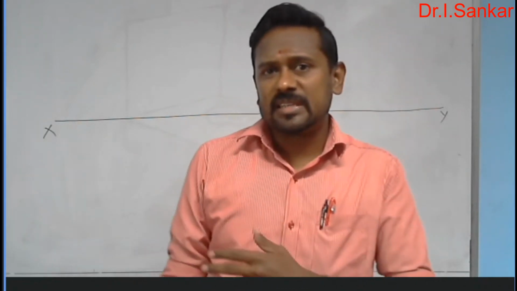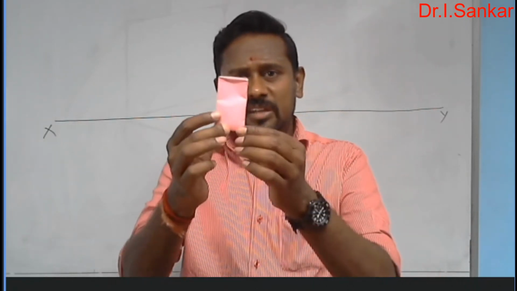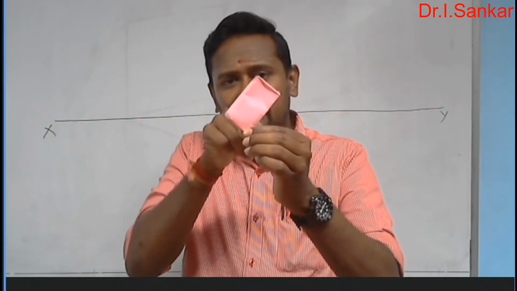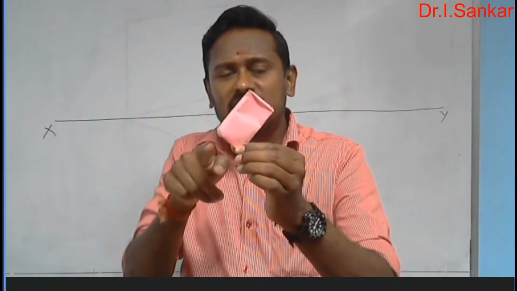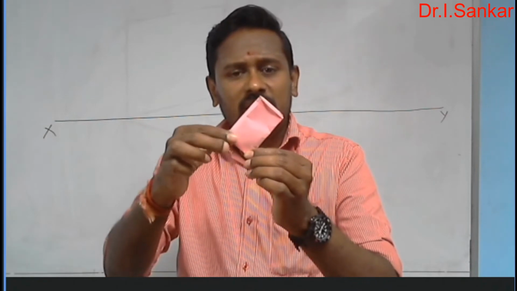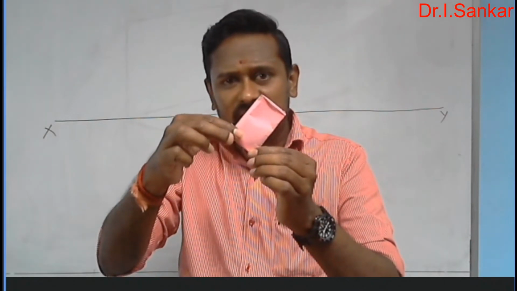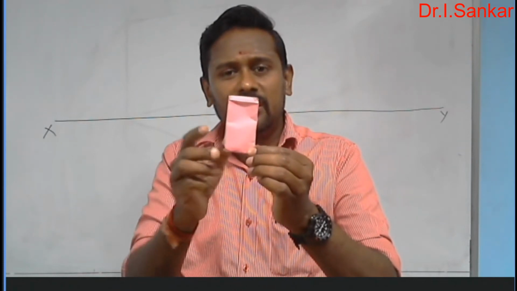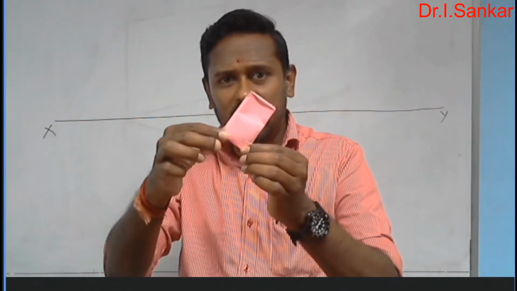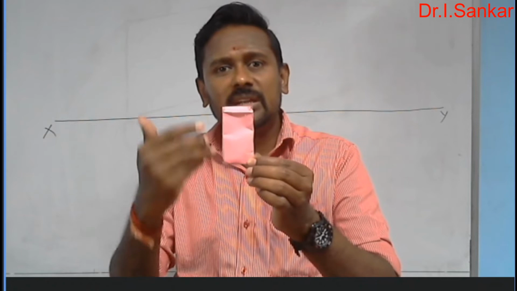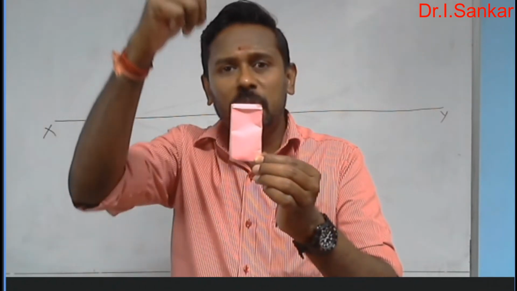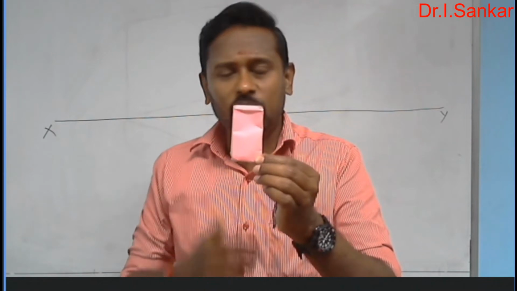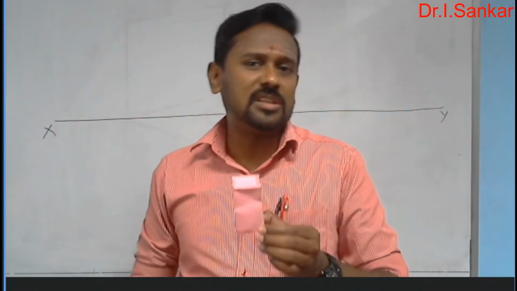In the previous cases, for example, if the solid is standing in this way, with axis inclination to HP and parallel to VP, what we did at first was make the axis perpendicular to HP. We made the solid stand straight. Then it is easy for us to see the base view in the top and the lateral view of the solid from the front. So in this way we solved the previous case.